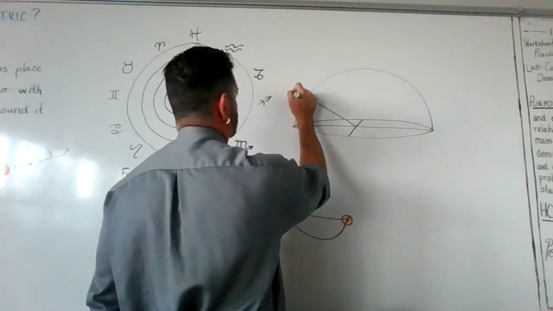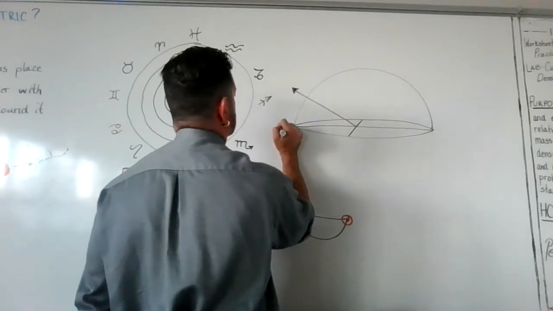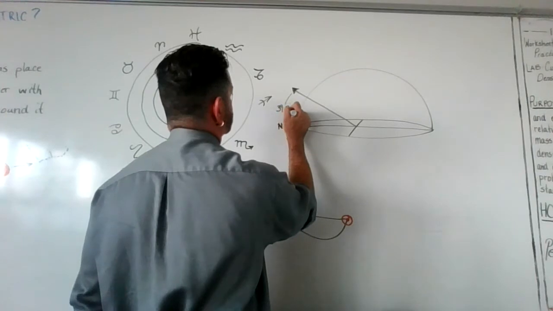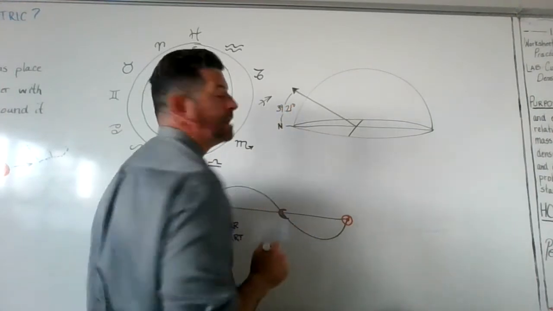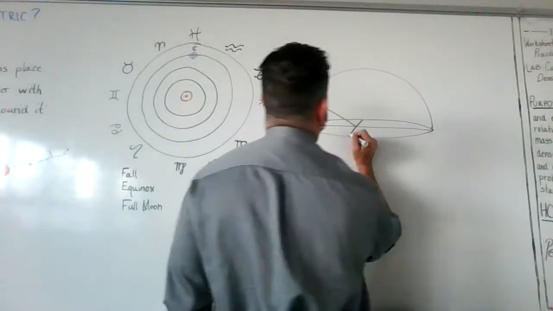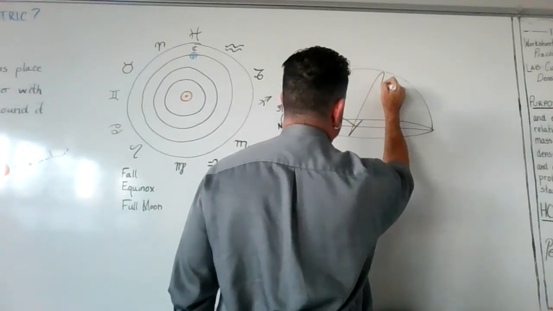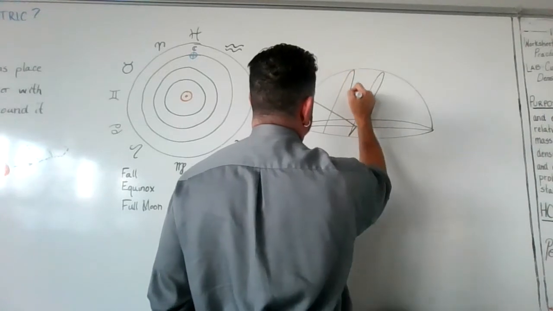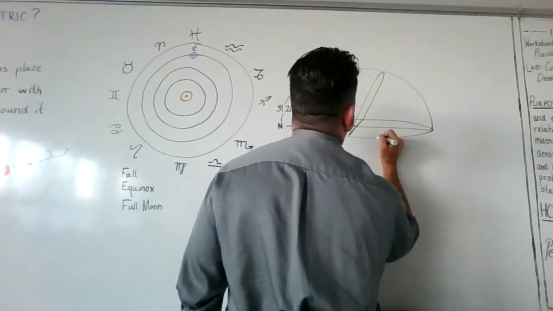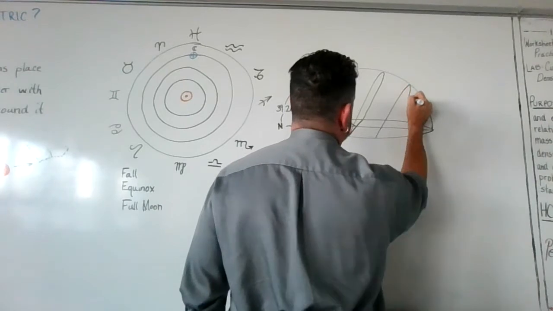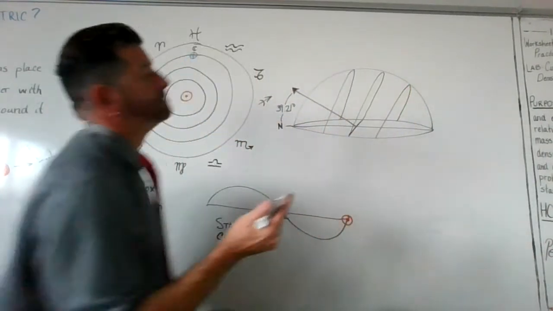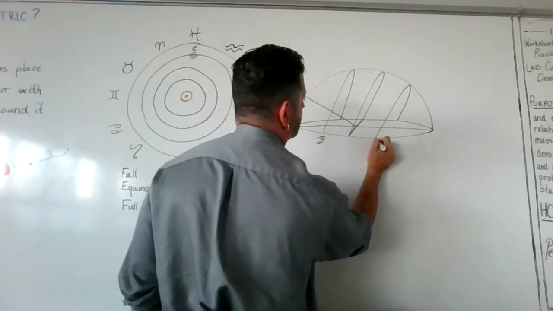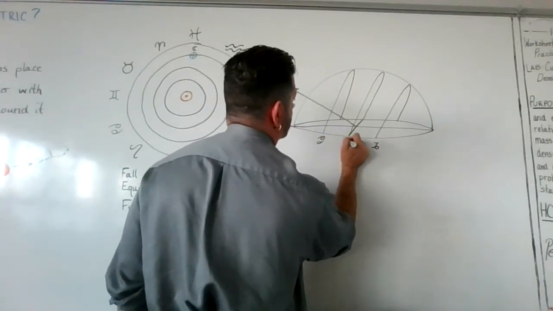Here we are in Columbus at 39.21 degrees north latitude. All right. Put in your celestial equator. 23.5 degrees from it, Tropic of Cancer. 23.5 degrees from it, south of that, Tropic of Capricorn. Label them, of course: Cancer, Capricorn, celestial equator.